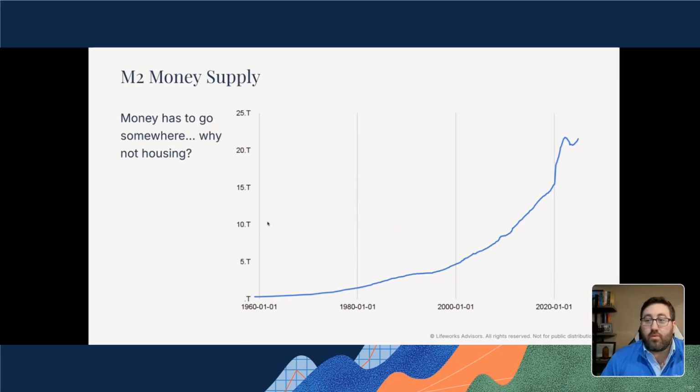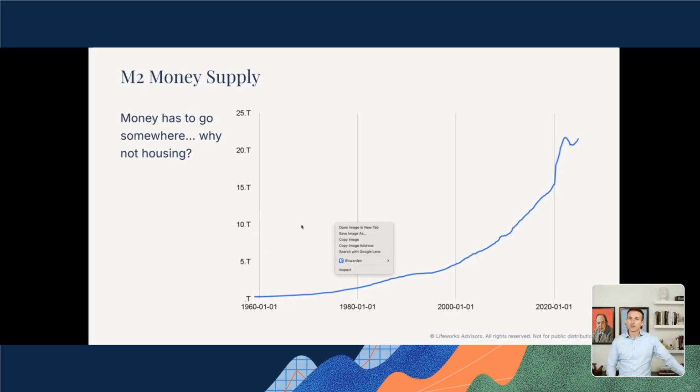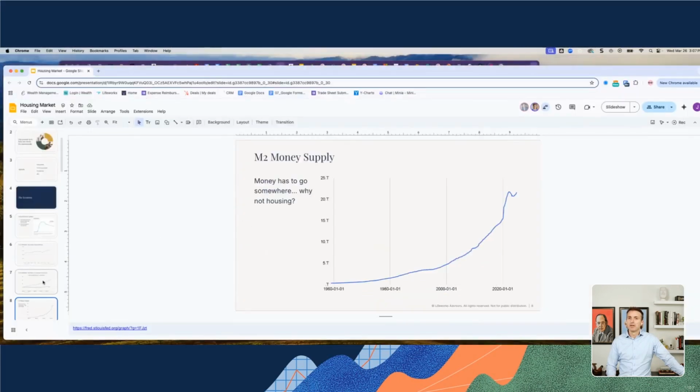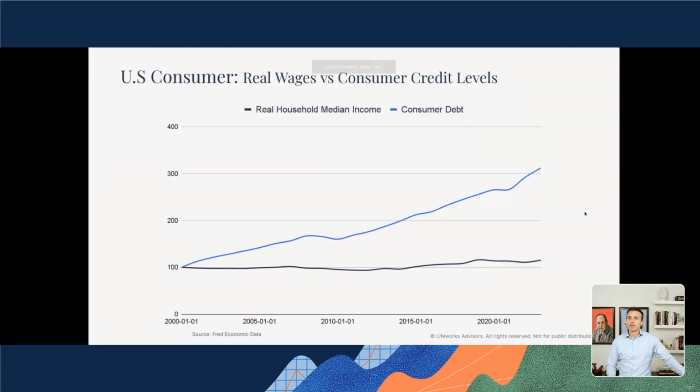And Josh, jump back one slide. Sorry to interrupt you. I just want to make sure, because you and I were talking about this. This is one of my favorite, not favorite, because I think it's actually kind of sad, but if I'm looking at this correct, you indexed real median household income, which is income adjusted for inflation, and total consumer debt at the beginning of 2000.